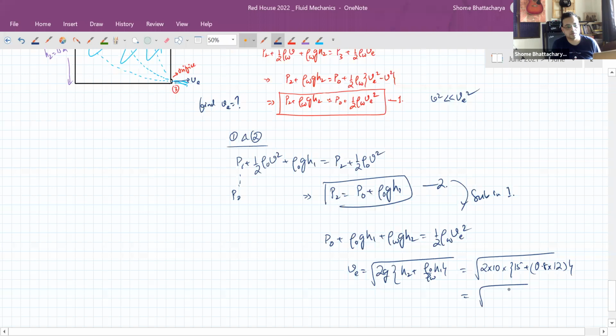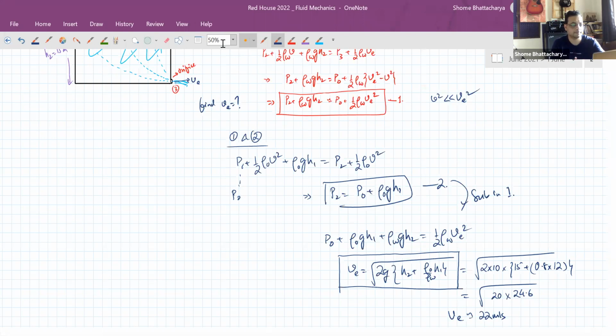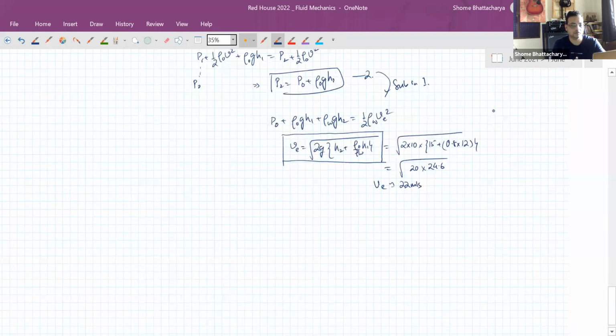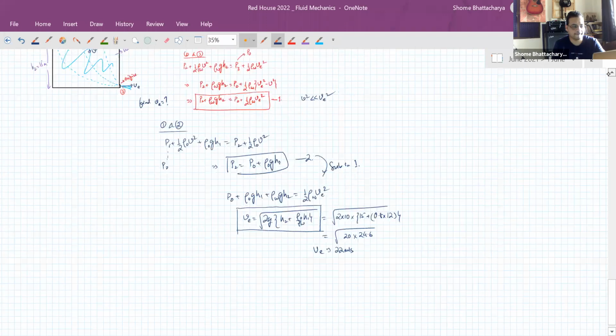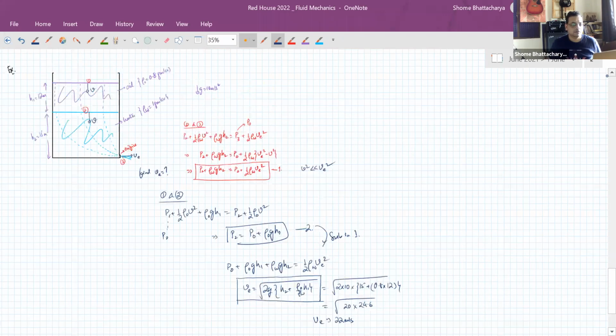So 15 plus 9.6, that kind of quantity will come out to be. But this is the proper answer in parametric form. Okay, so hope this is clear, people.